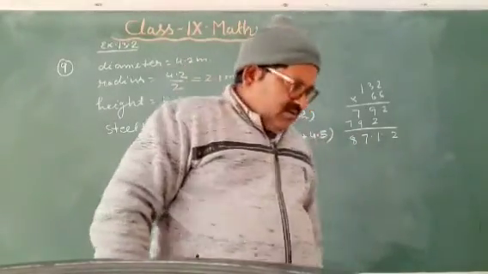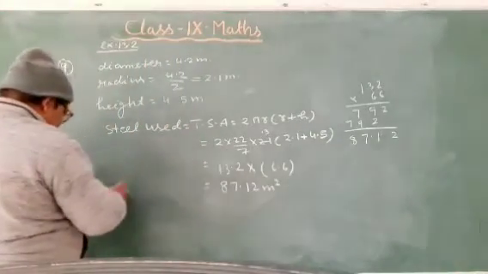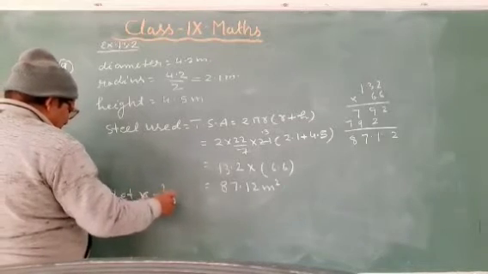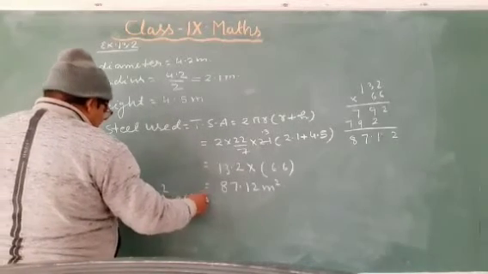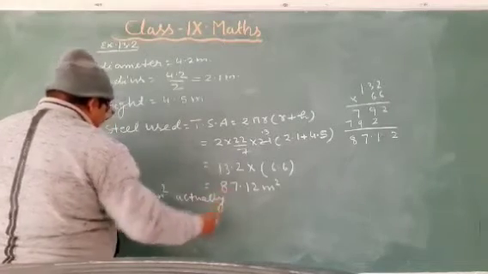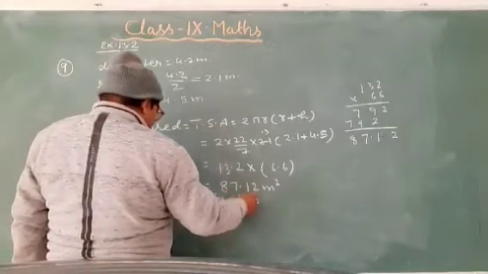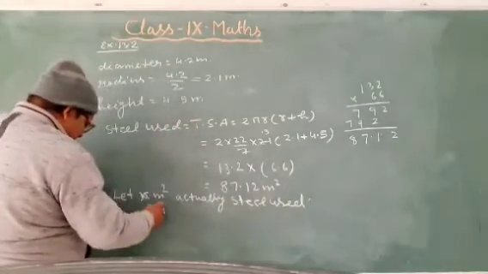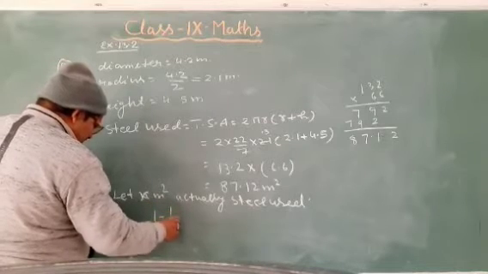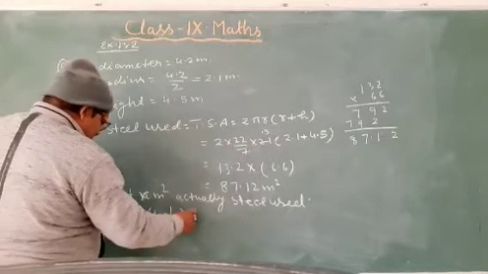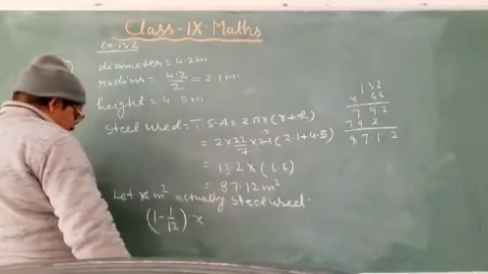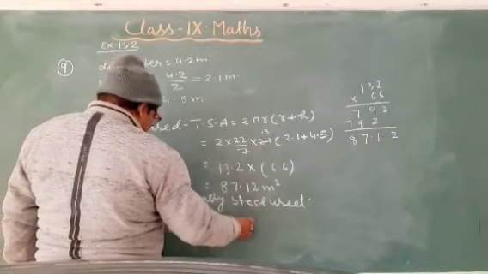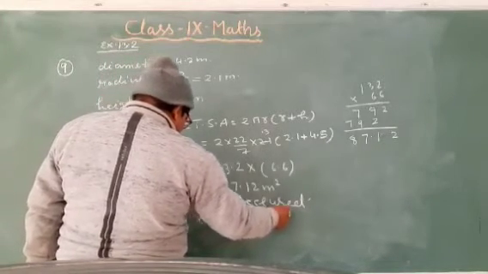Let x meter square be the steel actually used, then 1 minus 1 upon 12 into x is equal to 87.12 meter square.